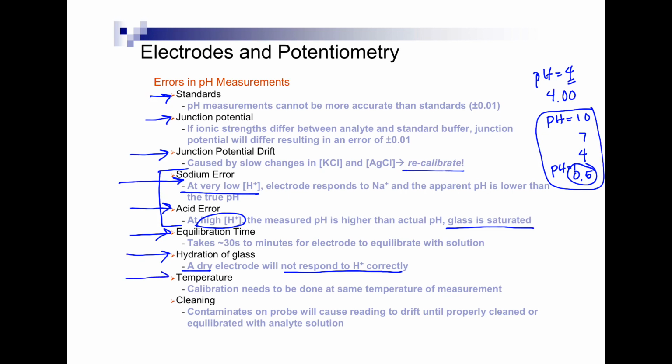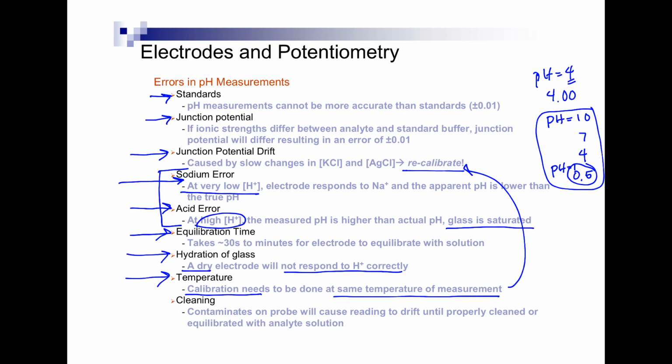Okay, the next one on the list is temperature. It's basically saying that calibration needs to be done at the same temperature as the measurement. So we want to make sure that our calibration is as close to the actual situation that we're measuring as possible. I relate it to this one up here. We want to calibrate as close to measurements as possible. So the same temperature, about the same ionic strength.